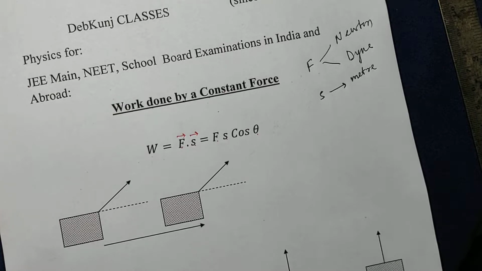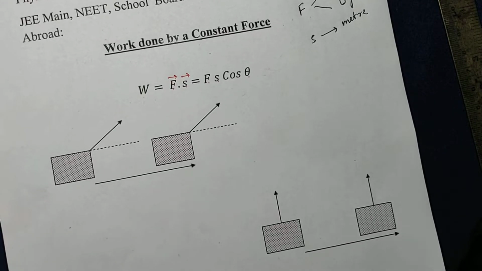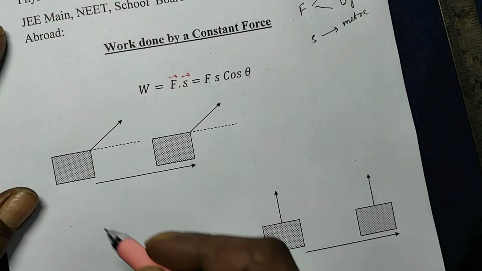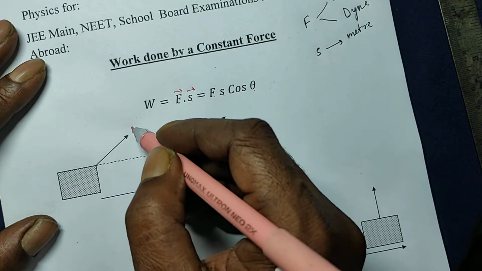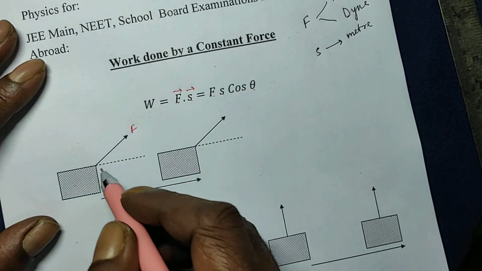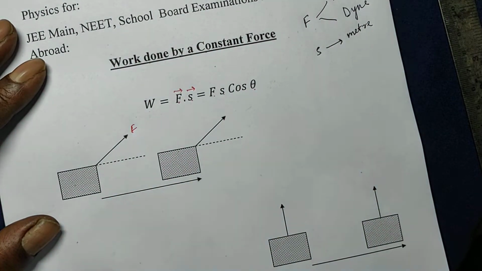Now if you look at the three diagrams here, here an object is acted upon by a force F, and this is your horizontal.